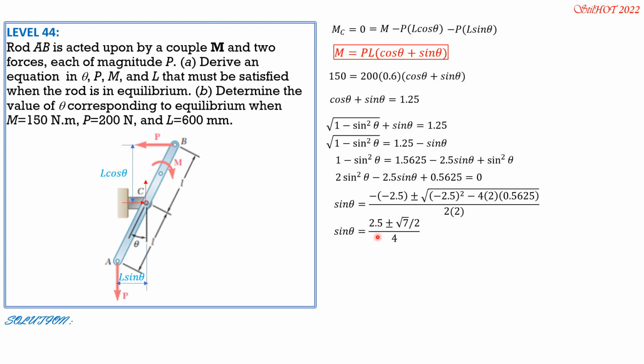Sine theta is 2.5 minus square root of 7 over 2, over 4, inverse sine of that value. So theta is 17.11 degrees. Then the other one, sine theta is 2.5 plus square root of 7 over 2, over 4. So theta is arc sine of quantity 2.5 plus square root of 7 over 2, all over 4. So for that case, theta is 72.89 degrees, or they are supplementary from the equation shown.